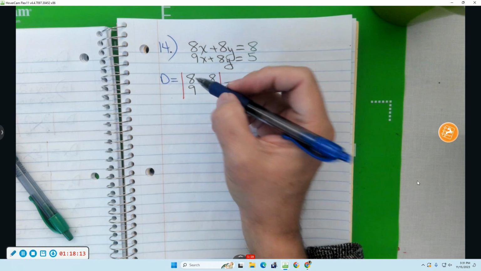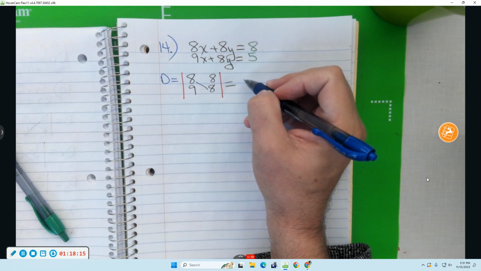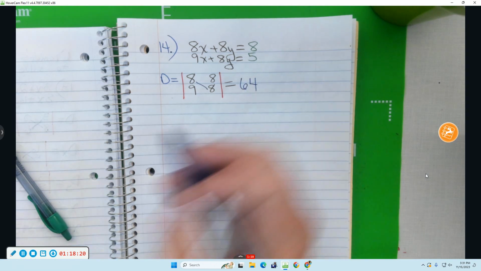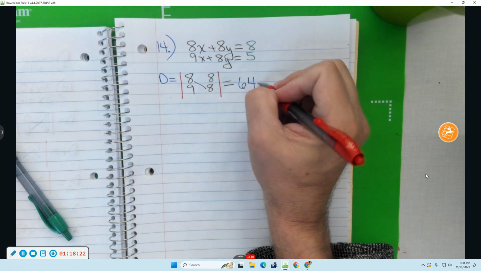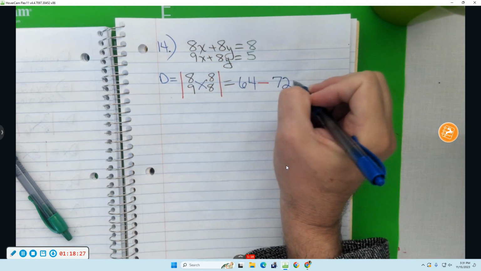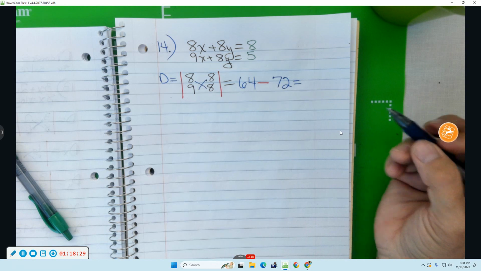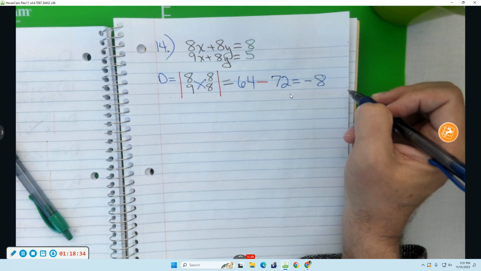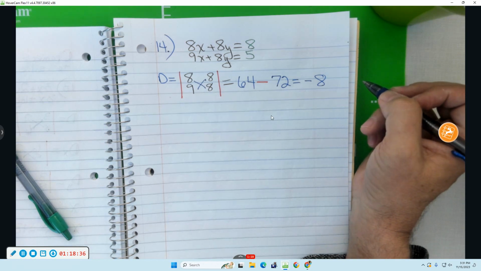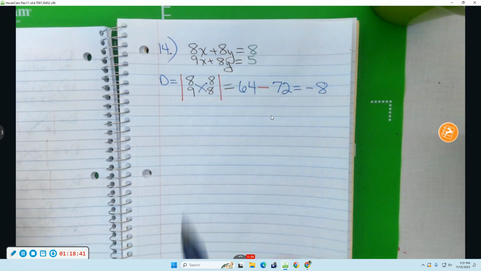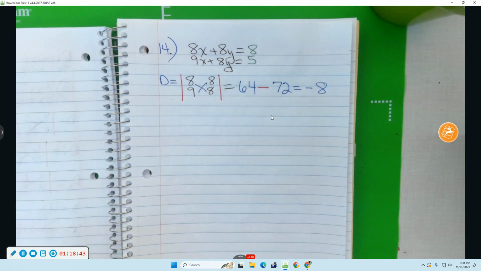So we multiply: 64 minus 72. Good. And that gives me negative 8. And remember, you divide by this, so you better make sure your D value is right. If it's wrong, then your x and y's are going to be wrong too.